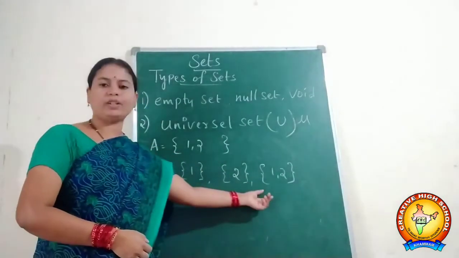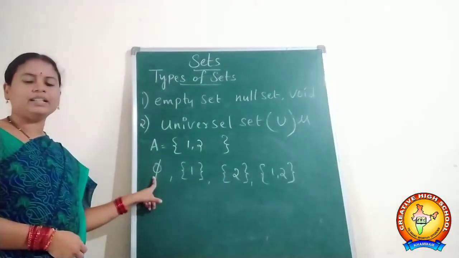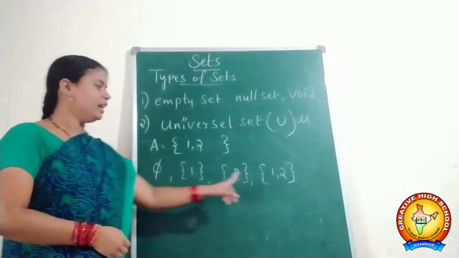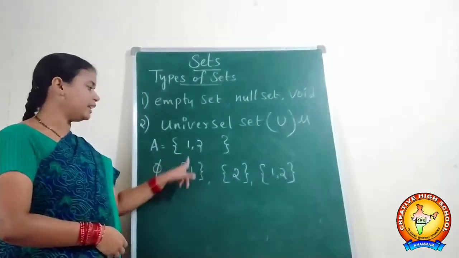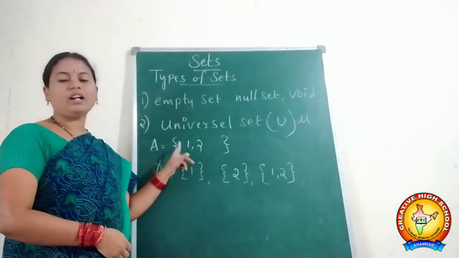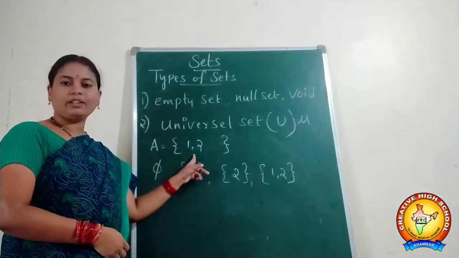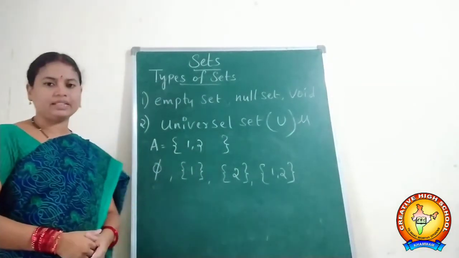These two will come for every set. And from this we can write 1 and 2 individually. So for set A, we can write a total of 4 subsets.